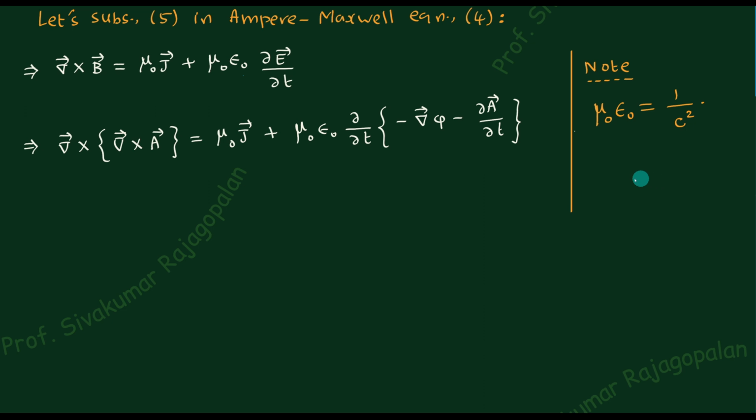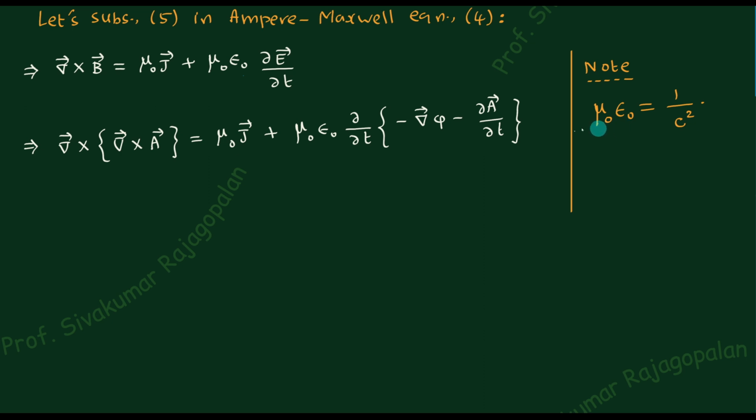In the cgs system of units, you will get the speed of light scattered somewhere in Maxwell's equations. But mu naught epsilon naught equal to 1 over c square has nothing to do with the cgs unit. So right now this equation is completely in SI units only. Make sure of that point.